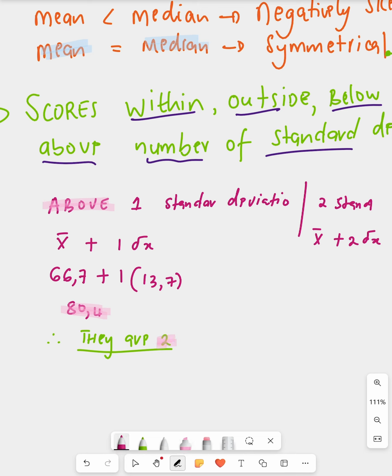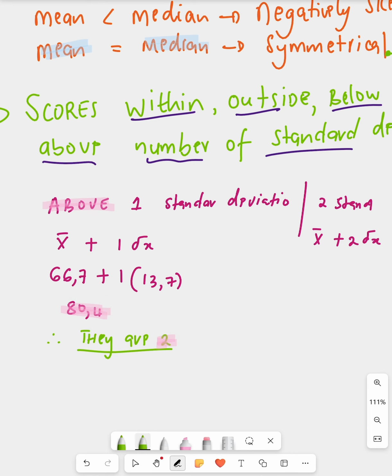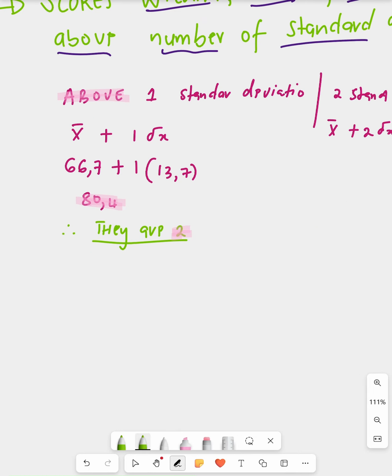Now let me go to below. Below 1 standard deviation. If they ask you below, you use x bar minus 1 standard deviation.